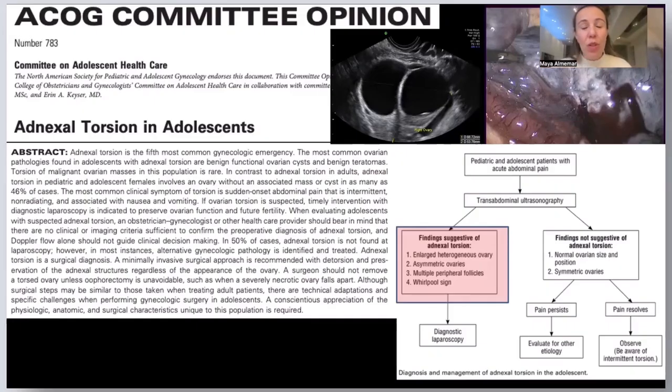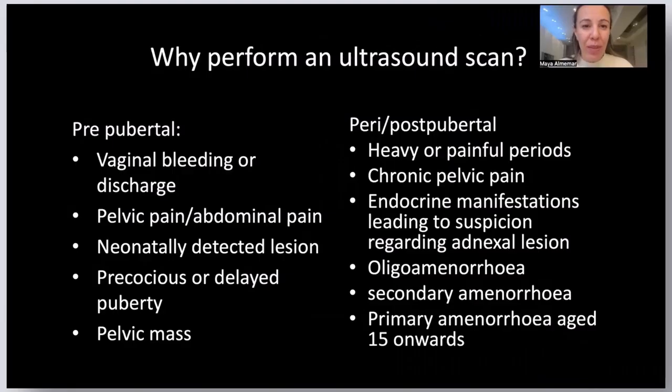Having said that, it's also possible to see very normal findings on ultrasound, and that's why this is very clearly a clinical diagnosis based on the clinical presentation of the patient. And if there are concerns about torsion, one would have a very low threshold to perform a diagnostic laparoscopy. And we would detort the ovary and leave it alone and not perform an oophorectomy unless there were any other concerns or the ovary, unfortunately, had already fallen off its pedicle.